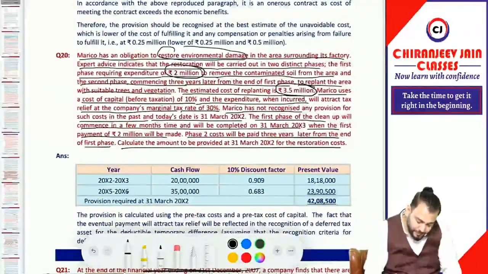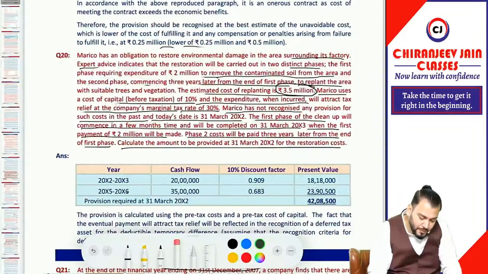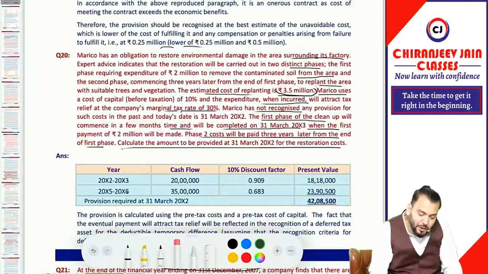Question number 20. Very good question, but simple. Mariko has an obligation to restore environmental damage in the area surrounding his factory.